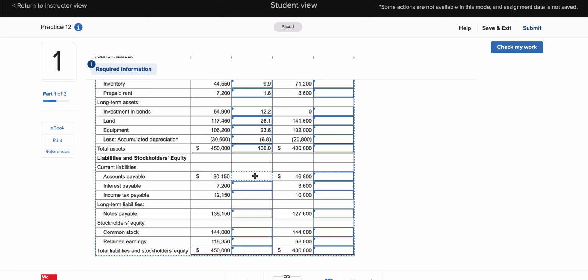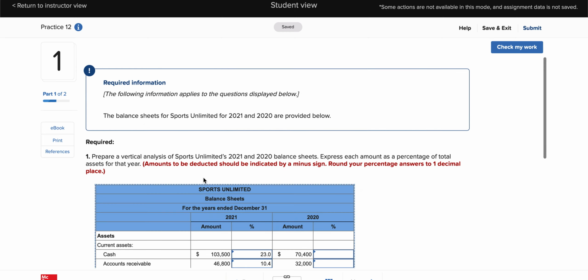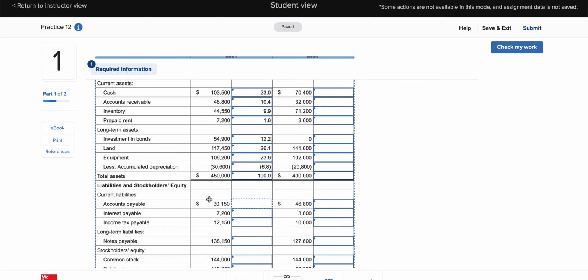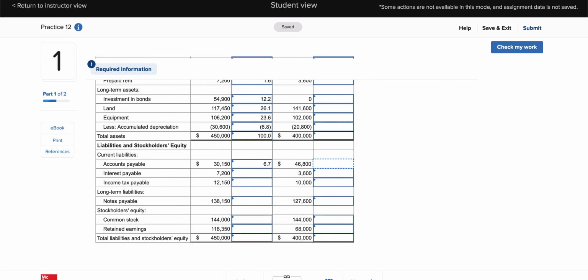Because what we're really saying here is accounts payable, this 30,150, divide that by 450,000, and we come up with 6.7%. So we could say that accounts payable is 6.7% of our total assets, or we could say that accounts payable is 6.7% of our total liabilities and stockholders' equity. And that probably makes more sense for us.